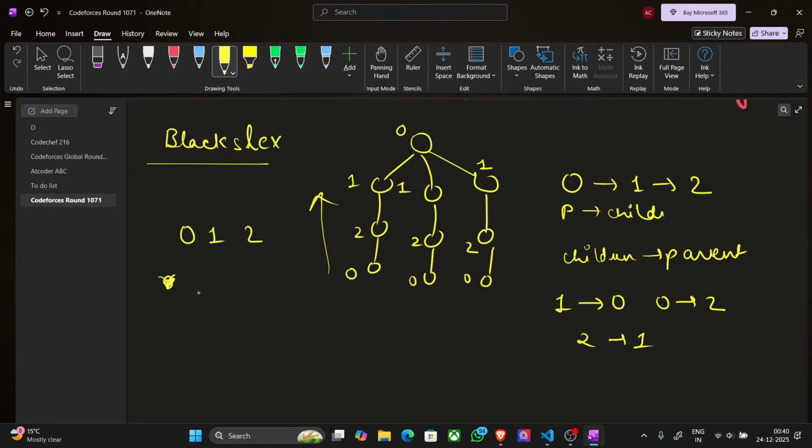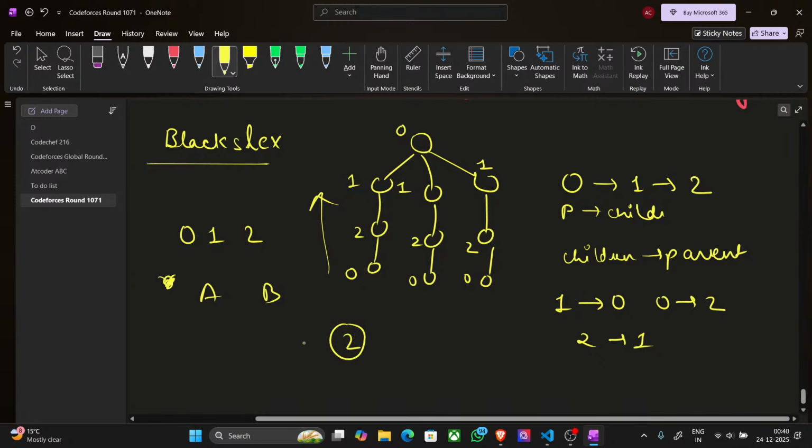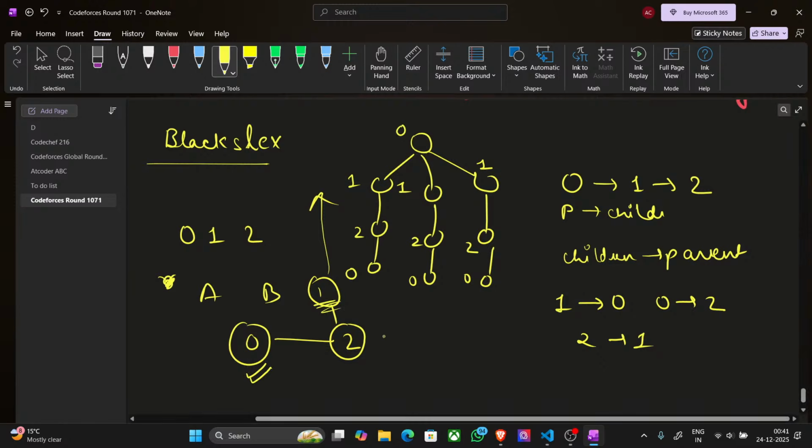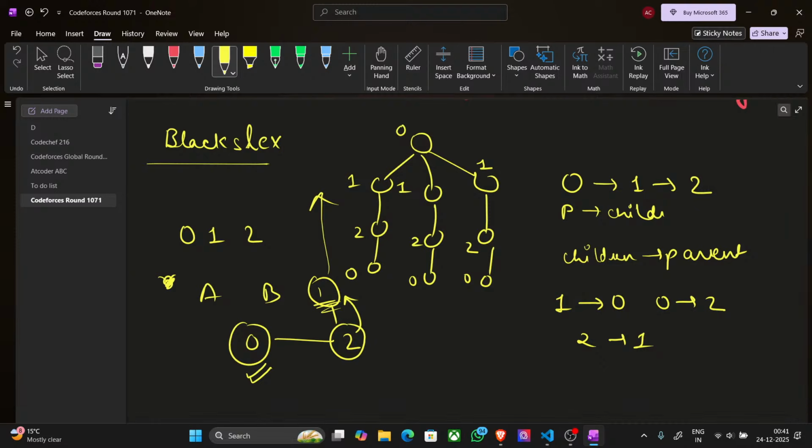Like if you are standing on 2 and there are connected nodes 0 and 1, which one will be the parent in this particular case? 1 will be the parent, as 0 is the child of 2. So you can just go to 1. So this will be the strategy for Black Slacks.